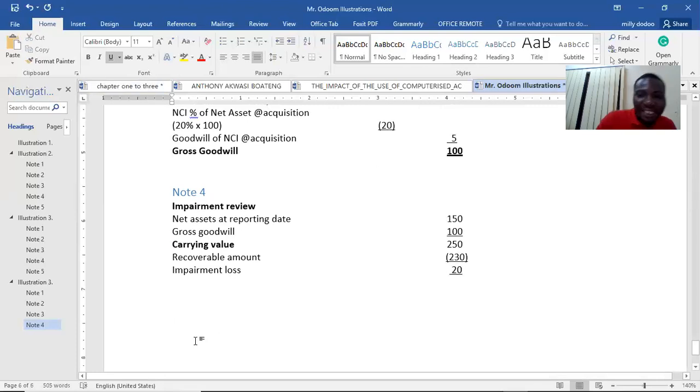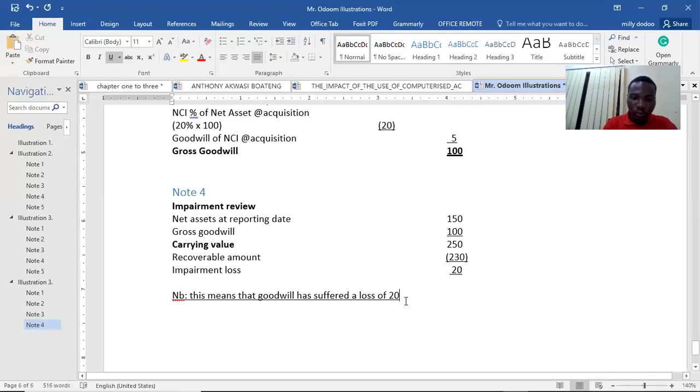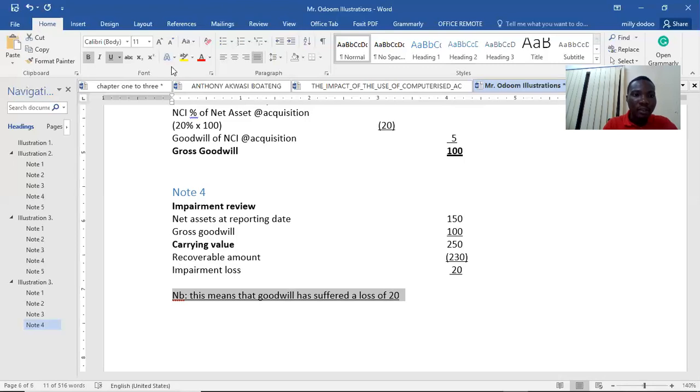What this 20 means is that the goodwill you are seeing here for 100 has suffered a loss of 20. That is what it means. Goodwill has suffered a loss of 20.